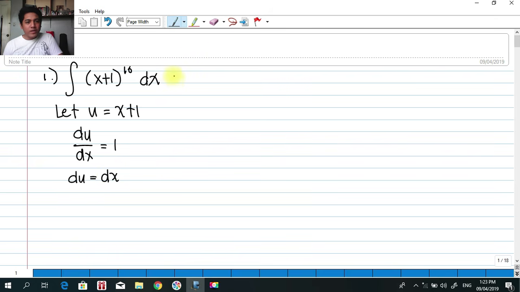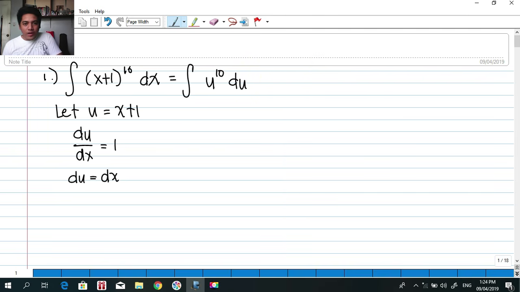So we can rewrite this integral as the integral of u, that is x + 1, raised to 10. Since du is only equal to dx, we can replace dx simply by du.